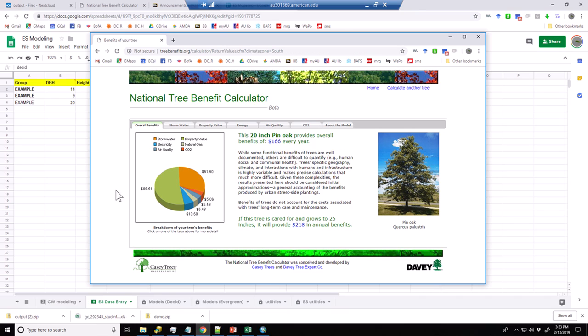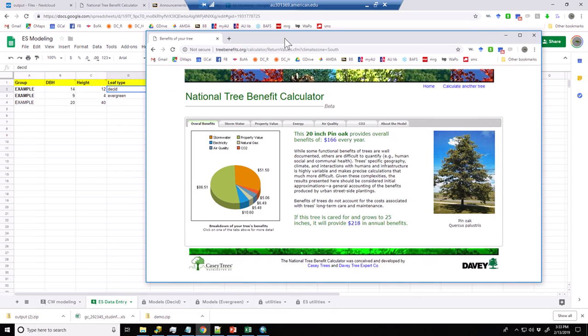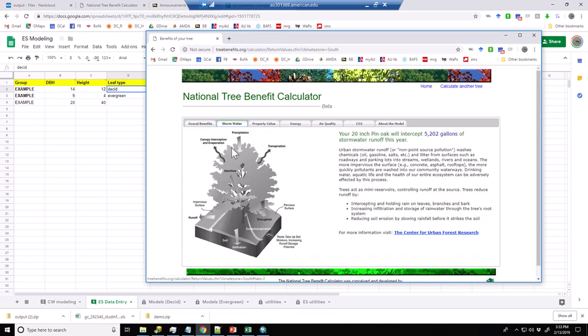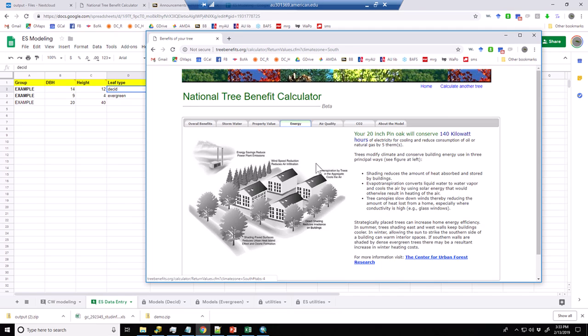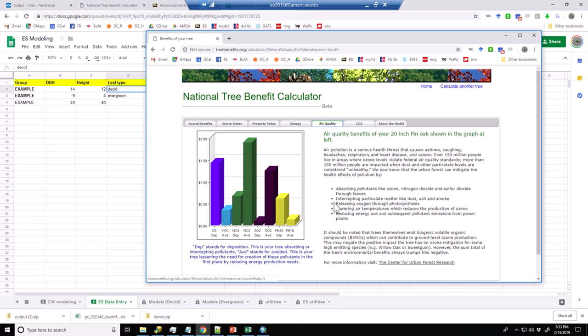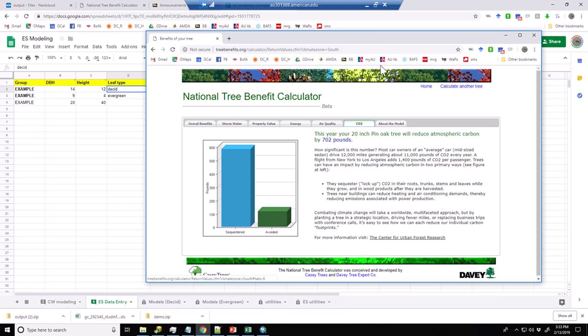So this gives you a breakdown of the tree benefits in a few different categories. Property value is frequently the largest one, but we're not really going to consider that an ecosystem service for right now. What we want to collect is information about stormwater runoff benefits, energy saving benefits, air quality improvement, and CO2.